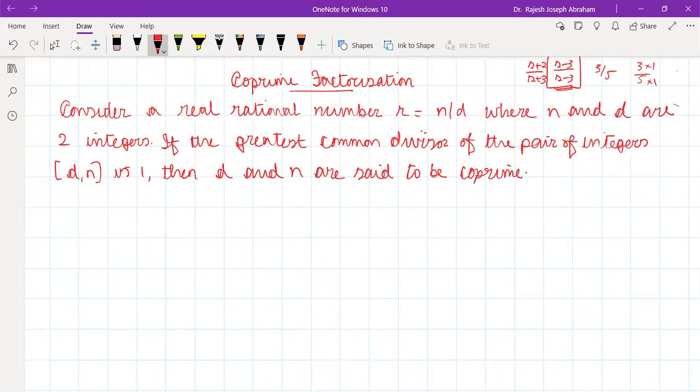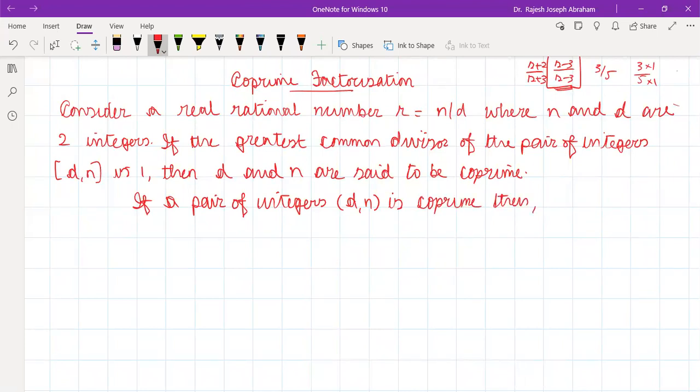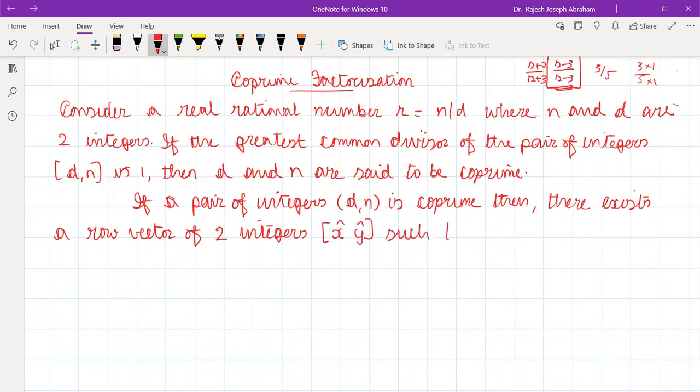A pair of integers d comma n is said to be co-prime if there exists a row vector of two integers x hat, y hat such that x hat, y hat times d, n equals 1.